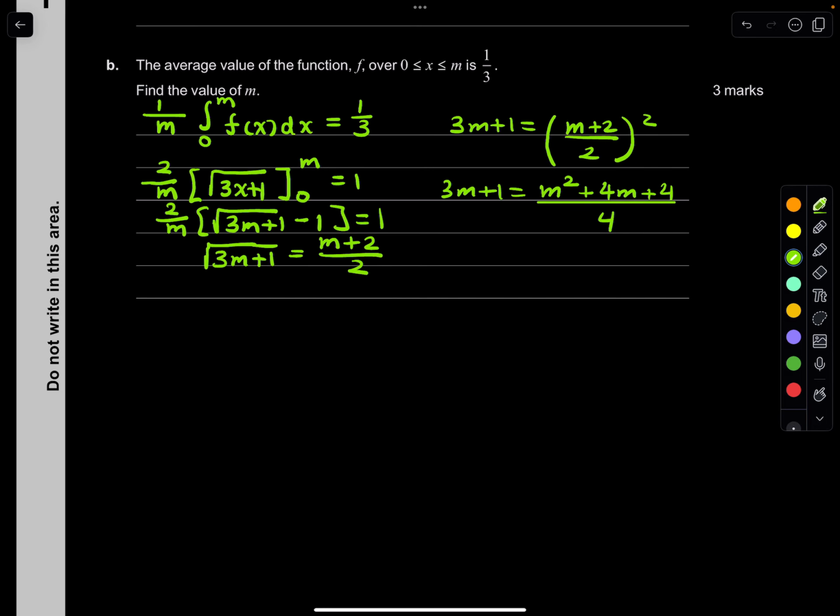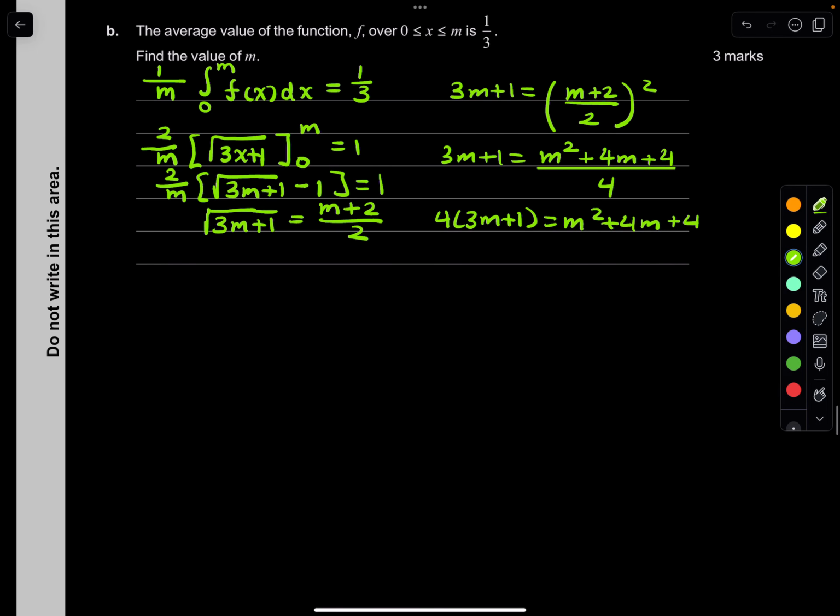Multiply both sides by 4 to get rid of that fraction. 3m plus 1 is equal to m squared plus 4m plus 4. So expand it out, 12m plus 4 is equal to m squared plus 4m plus 4. Minus 4 on both sides to get rid of that 4.